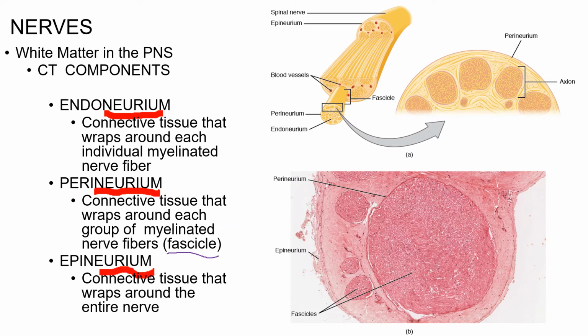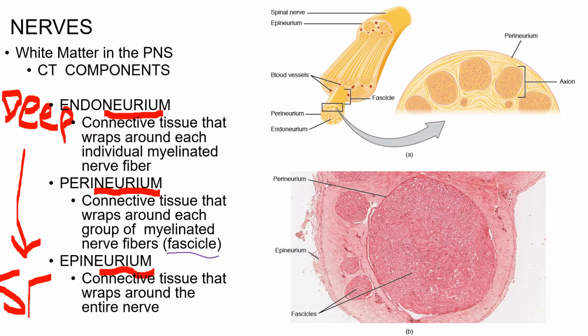So here in the notes, we're actually working deep to superficial. So to stay consistent with the notes, let's cover these. The endoneurium, just like the endomysium covered the individual muscle fiber. Check it out. The endoneurium covers the individual nerve fiber.